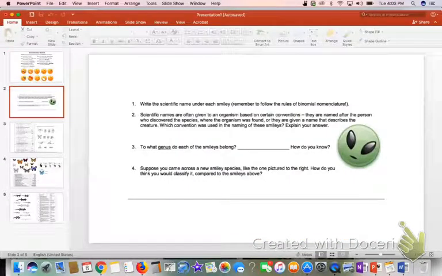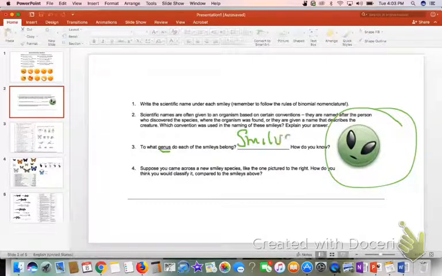So let's say that you are going to be identifying or coming up with a name for this one. And we know that it was similar to the others that we saw on the page before. So we would say this one was in the genus of Smilus. But this one here is different from those.